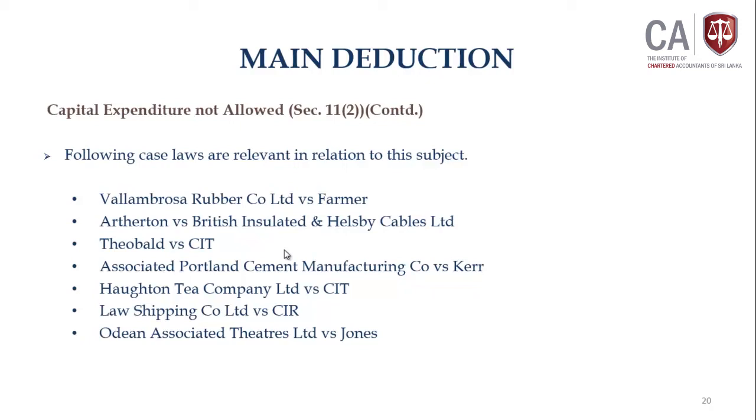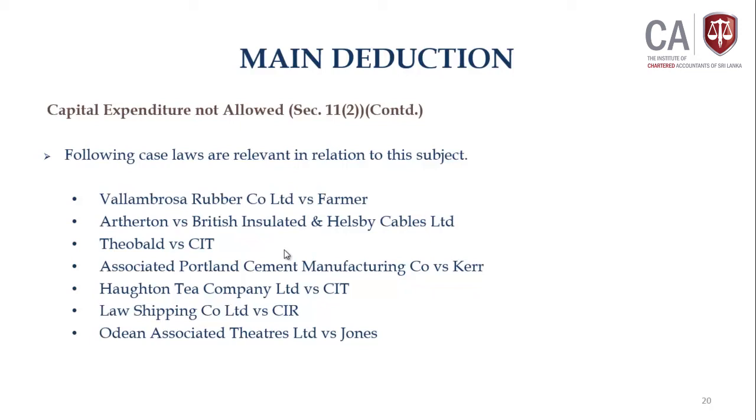Theobald versus Commissioner of Income Tax, same rule. Associated Motor Cement Manufacturing Company, expenses which resulted in enduring benefit again. Horton Tea Company and Law Shipping case and Odeon Theatres, one principle where cumulative repair can be deductible.